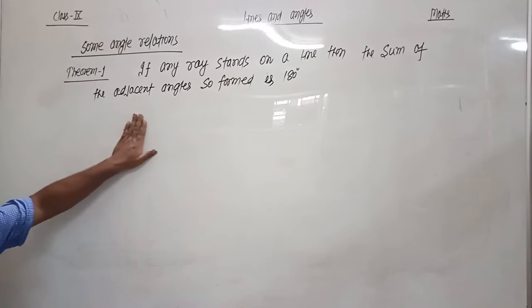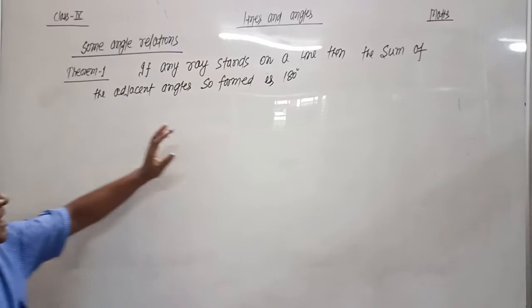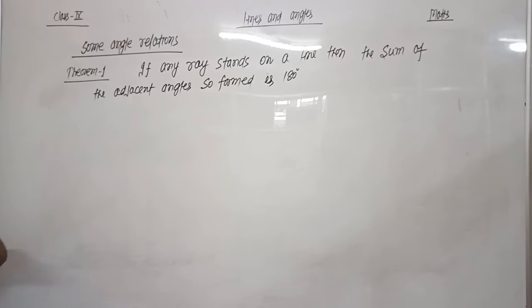This is the statement which you have to keep in mind. If any ray stands on a line, then the sum of the adjacent angles so formed is 180 degrees.